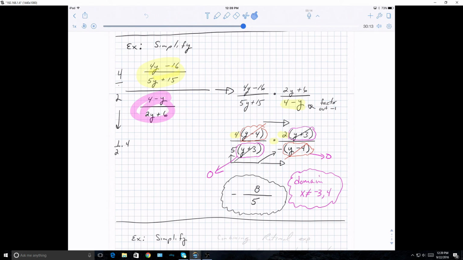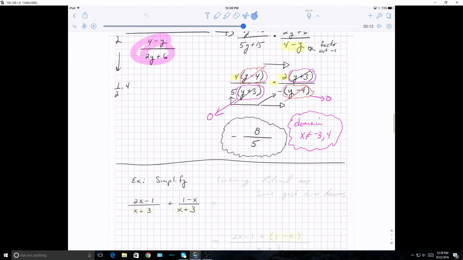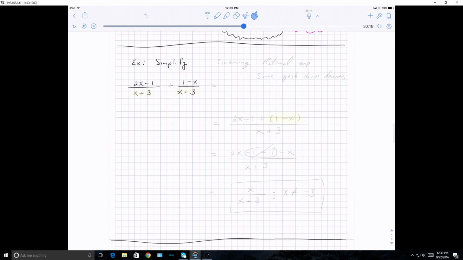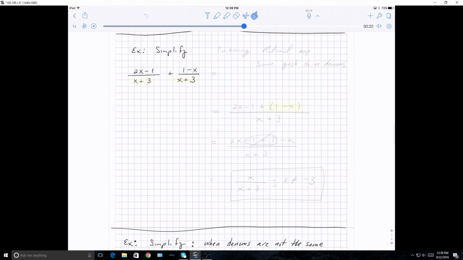Alright, so now let's take another look at a different type of example in which we're combining fractions. These are what we're going to call combining rational expressions. When we do this, we need to have the same denominators.